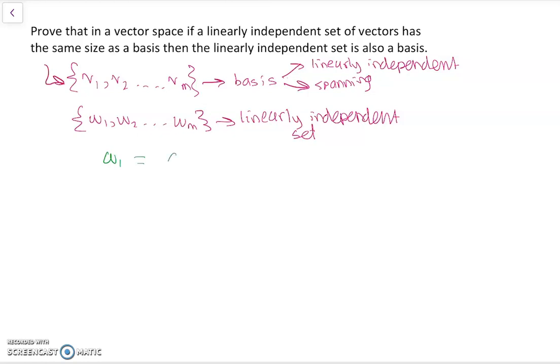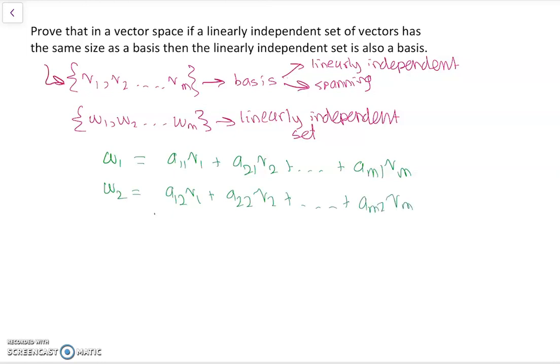We can write w1 as a11 v1 plus a21 v2 plus up to am1 vm. w2 we can write as a12 v1 plus a22 v2 plus up to am2 vm, and go up to wm equals a1m v1 plus a2m v2 plus up to amm vm.